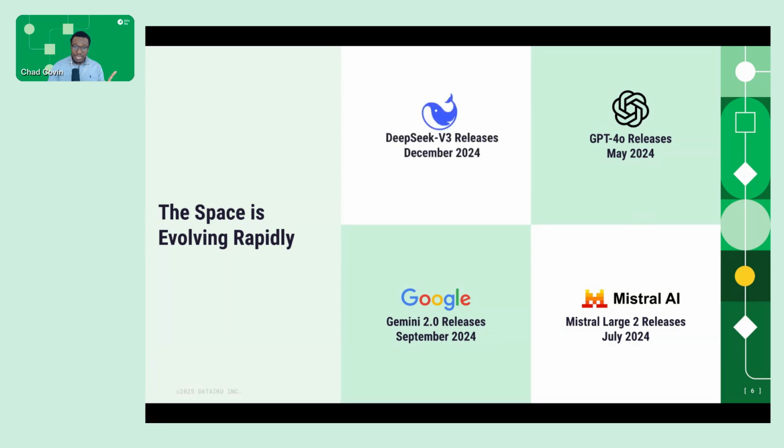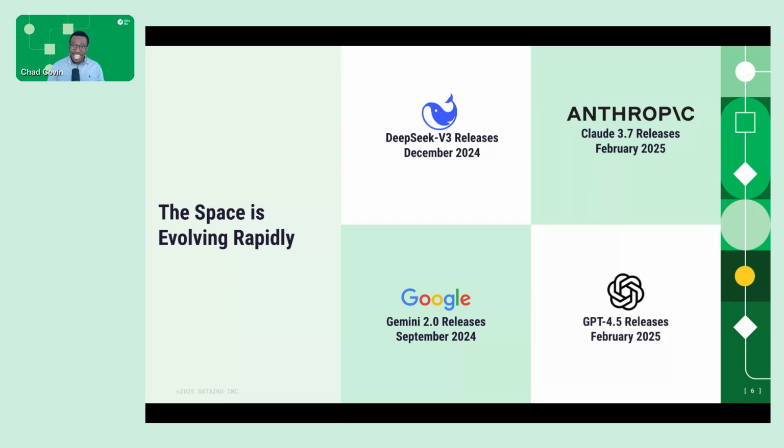Not to be outdone by DeepSeek, which essentially changed the world and was the talk of all the town for a couple months. Then Claude released 3.7 Sonnet, not to be outdone again by OpenAI 4.5. And then we had Gemini 2.5 released just a couple weeks ago. So we all know where this is going.